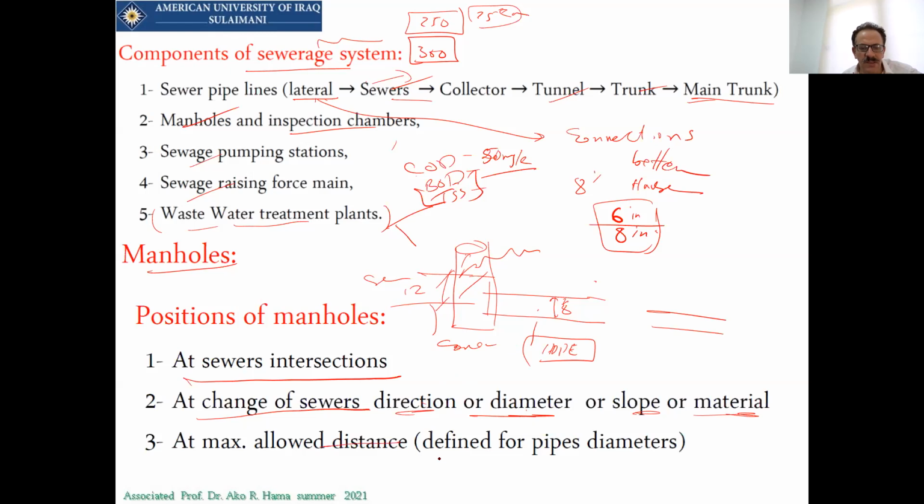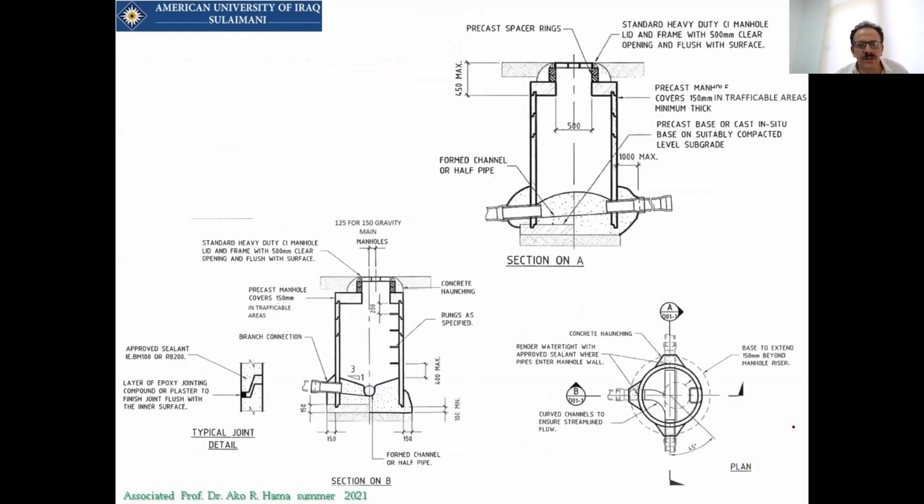Okay, there will be a maximum distance. As I told you, the distance between the manholes should be kept less than 100 meters. And here are the typical connections of the sewer. As I told you, in the past it looked like this. Nowadays we have precast manholes.